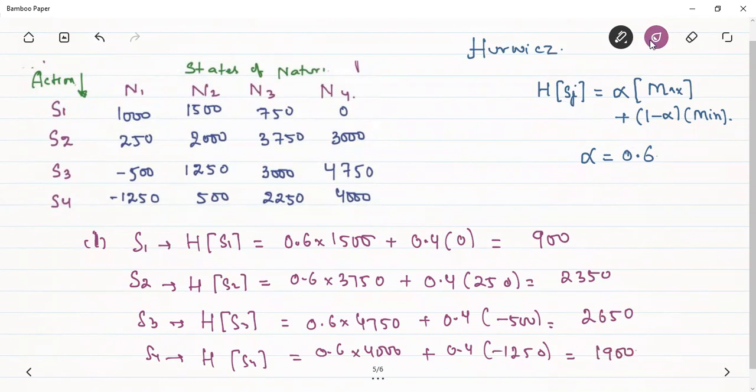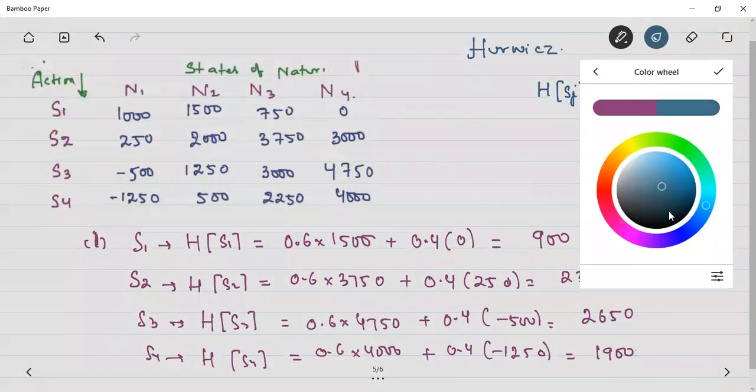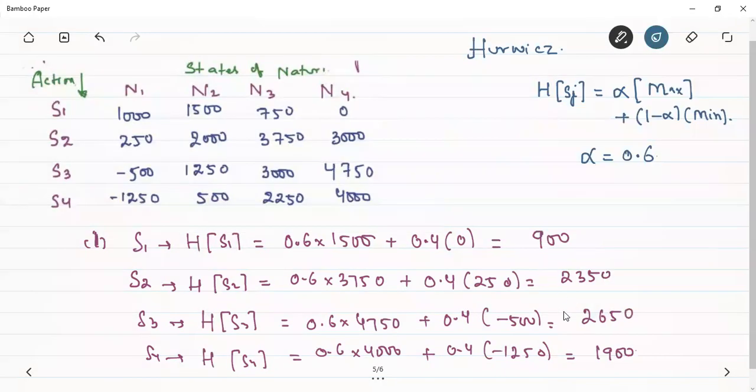Since this problem we are going to treat as the maximization problem, we have to select the one which is having the maximum value. So S3 for the maximization problem.